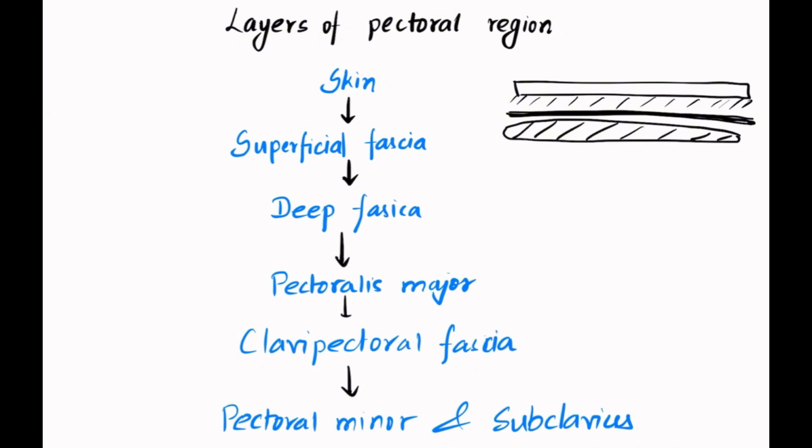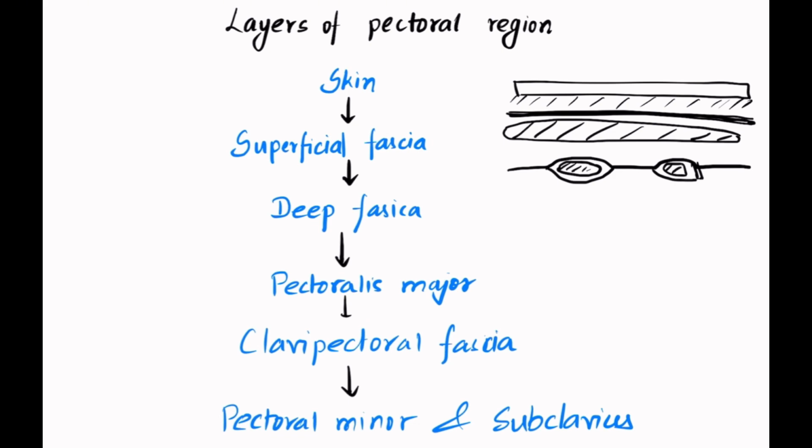Behind the pectoralis major muscle is the clavipectoral fascia. The clavipectoral fascia wraps two muscles. They are the pectoralis minor muscle and the subclavius muscle.